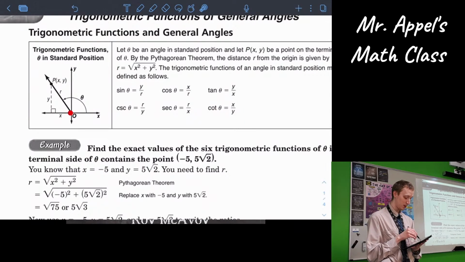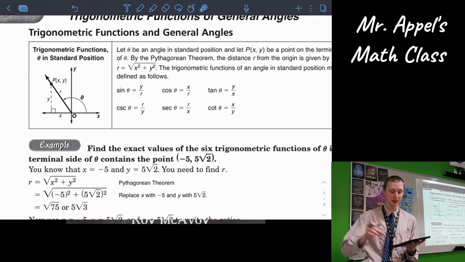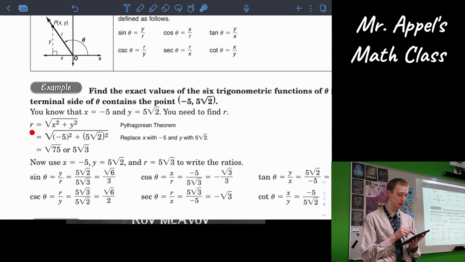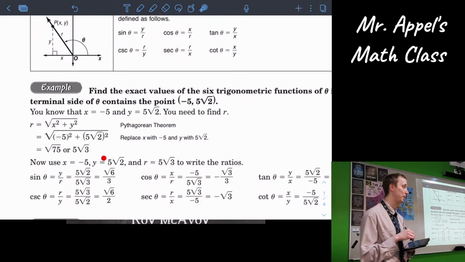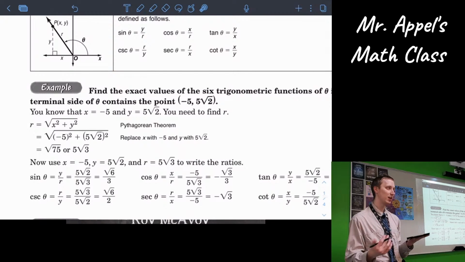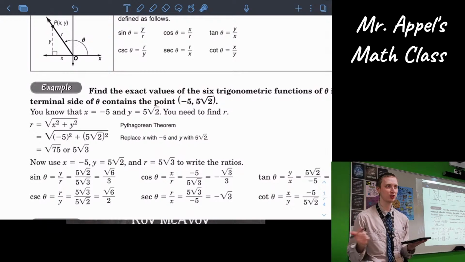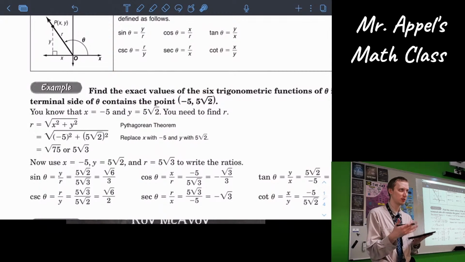So they tell us the x and the y lengths. We already have the two legs of a right triangle. Pythagorean theorem, straight up, find the hypotenuse. R is the square root of -5 squared plus 5 root 2 squared, square root of 75, or 5 root 3. Okay? There's a hypotenuse length. Done. We're halfway there. We've got 3 out of 6 things to solve for. The triangle. Find all 3 sides, find all 3 angles. The triangle is solved.